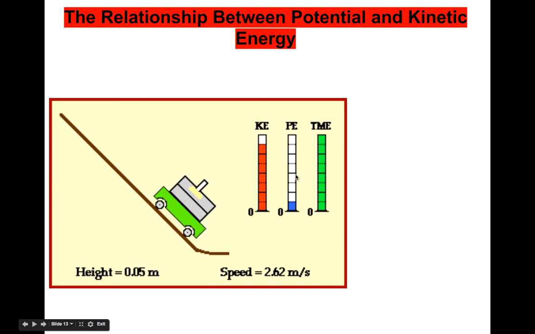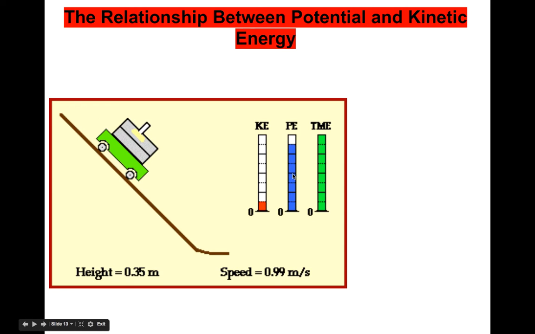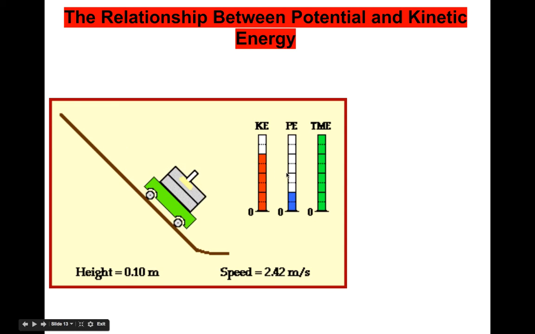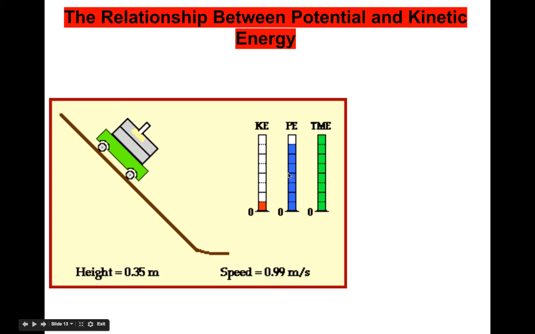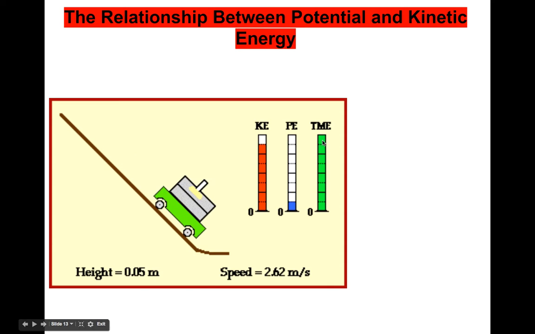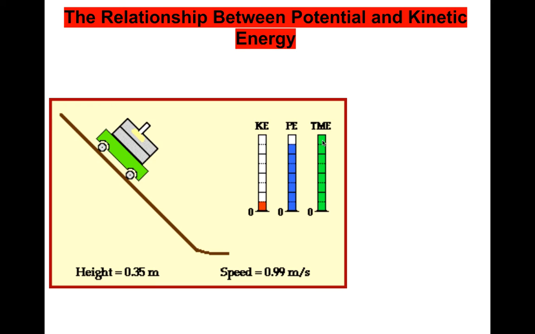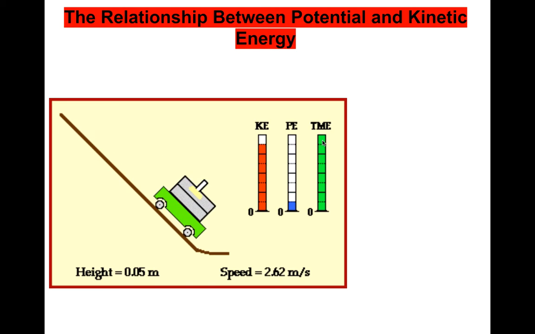And at some point, right about there, they're equal. So you've got half potential energy, half kinetic energy. This is total mechanical energy, so in this case, it is a perfect system. They're accounting for no loss of energy, so therefore it's always going to be 100% between both the kinetic and the potential when you add them up.